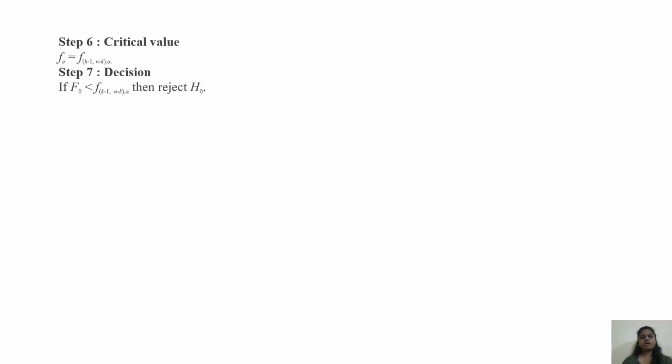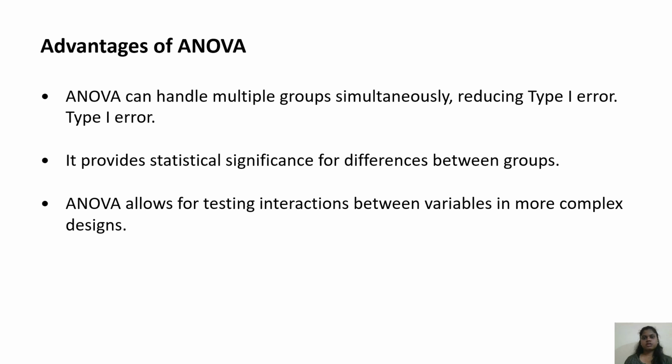In the same way, you can see the critical value, that is found using the degrees of freedom, and the decision, that is we need to decide whether it is less than or greater than the critical value, and whether the null hypothesis is rejected or accepted. So these are the steps followed while solving an ANOVA problem.